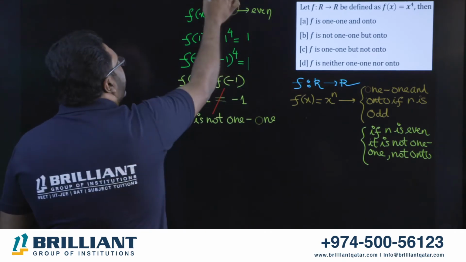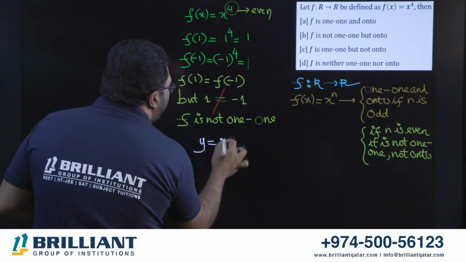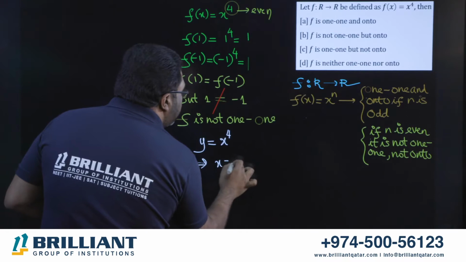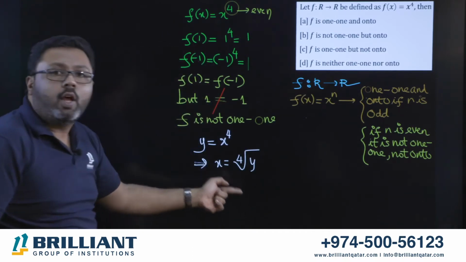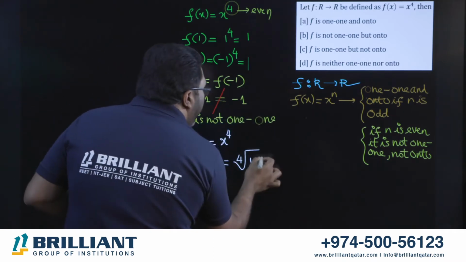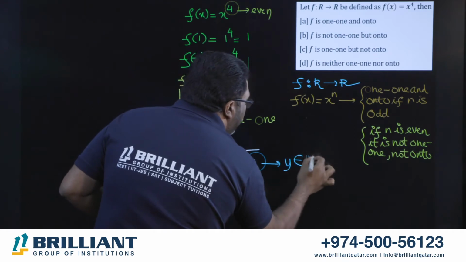I'm considering y is equal to x power 4. That implies x is the fourth root of y. Now, they're saying y is any real number.